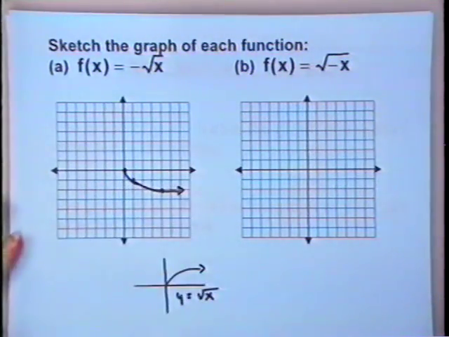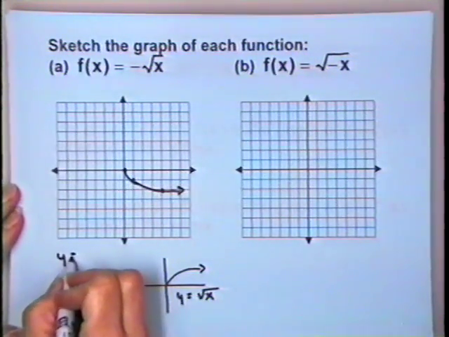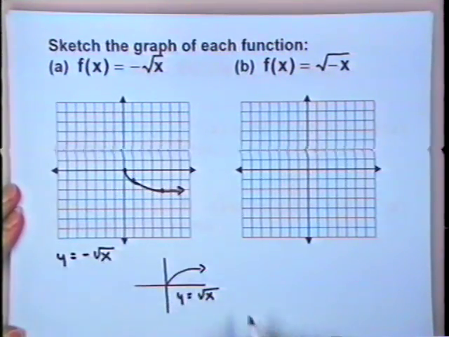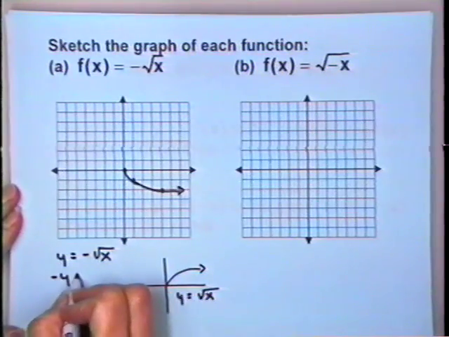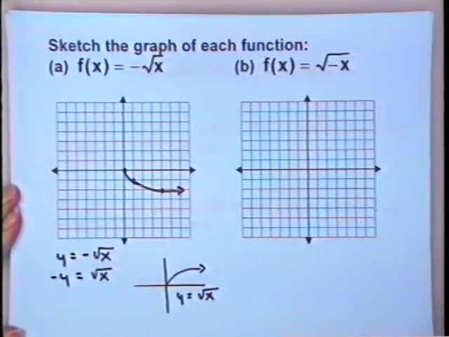Now, I want to show you with this equation, and I'm going to rewrite it with a y instead of an f of x for a second. If I have y equals minus the square root of x, I could multiply both sides of this equation by negative 1, and that would give me negative y equals positive square root of x, right? Well, notice how this equation compares to this one up here.